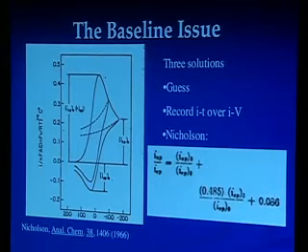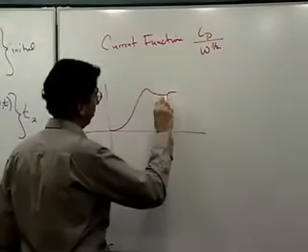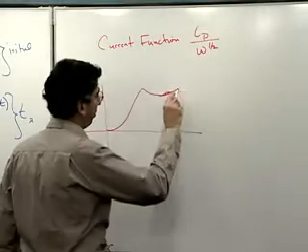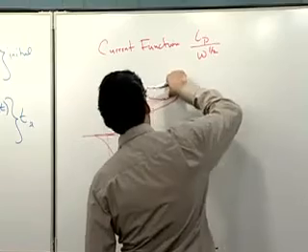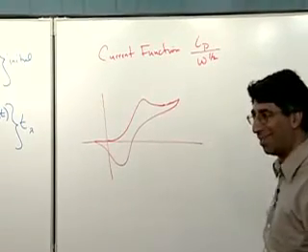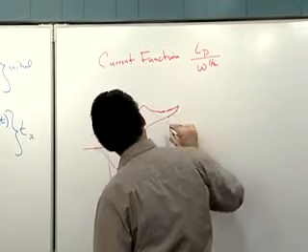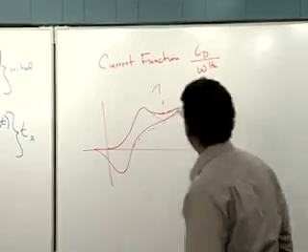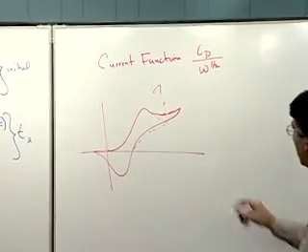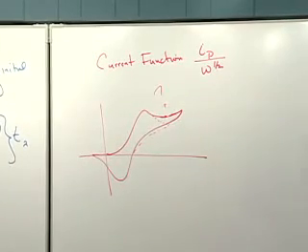That is, what if your cyclic voltammogram looks more like this? Ugh, never like that. That's ignoring my little artwork there. That's not too unusual. You're not getting this nice thing down here that allows you to do that. So what do we do? Guessing becomes hard then. It's easy to guess if you have a nice cyclic voltammogram, but it becomes difficult if you have this.